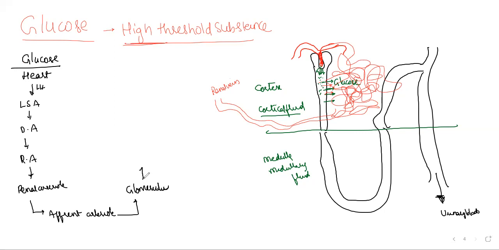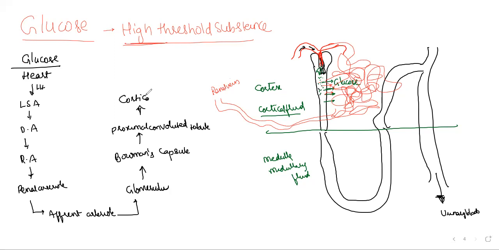Then from there, where did it get entered? It was filtered actually. See this, that's what I'm talking about. Glucose came like this and was filtered here, into the Bowman's capsule. So digest the topic. After that, where did it come? Into the proximal convoluted tubule. From the proximal convoluted tubule, where does it get reached?